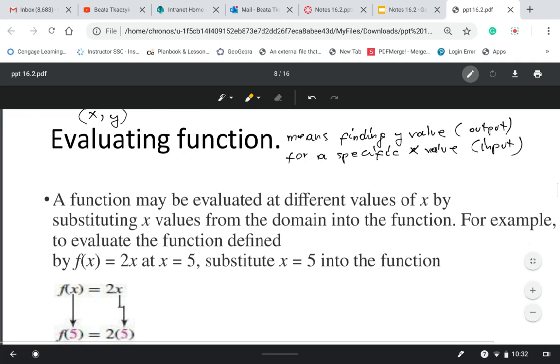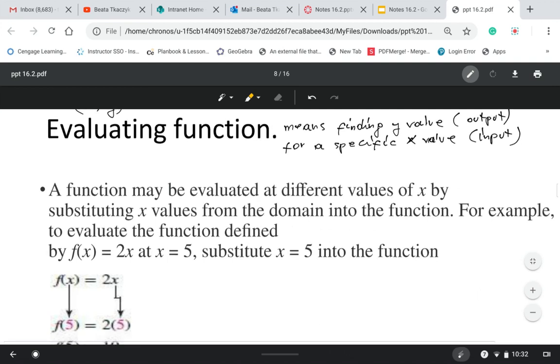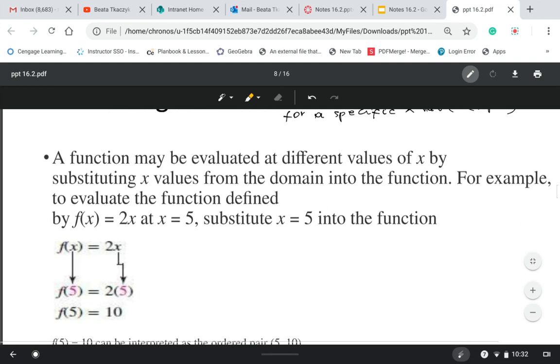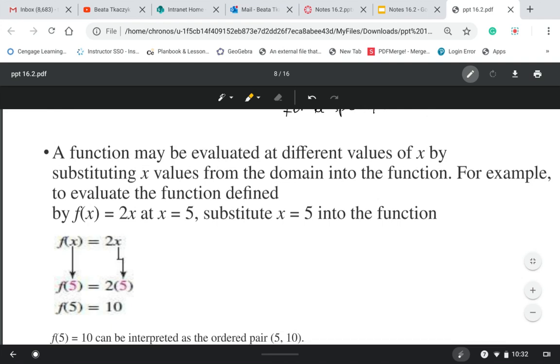So how are we going to evaluate the function? First I'm going to go over the information which I wrote down for you in this PowerPoint. A function may be evaluated at different values of x by substituting an x value from the domain into the function. Here is a nice example. We have a function f of x equals x, and we need to evaluate this function for the input x equals 5.